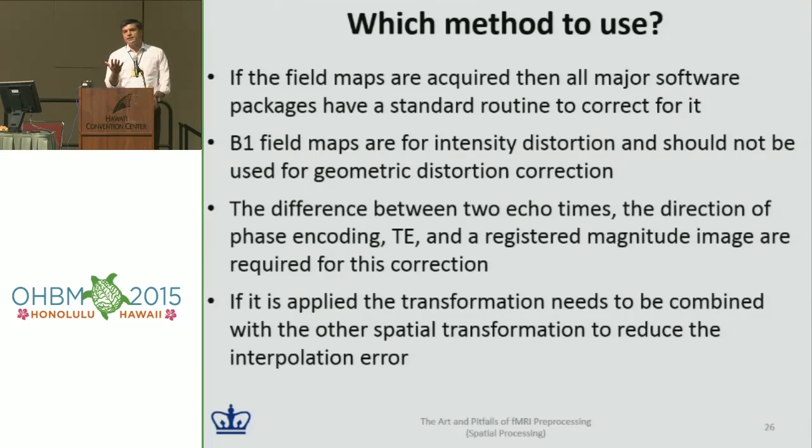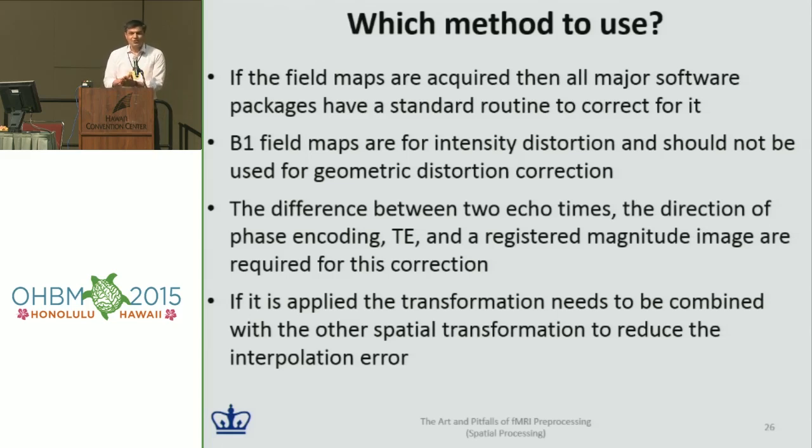And when you're looking at the image, and you see after correction the image is changing, that doesn't mean you're correcting for it. Just because your image is changing after spatial distortion correction, it doesn't mean you're doing it correctly. You have to put it on the structural image and see if it aligns better after correction.